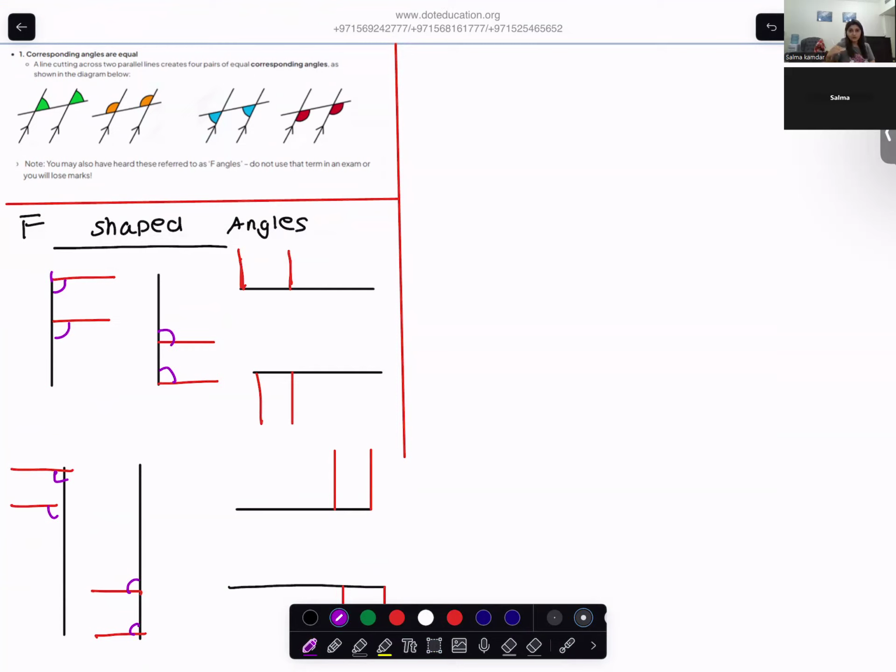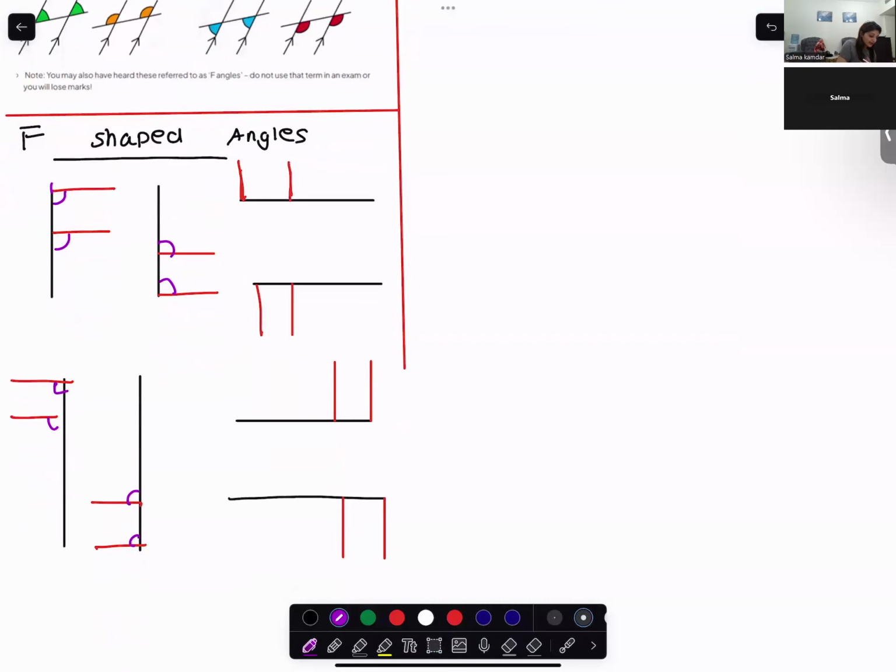Vertical line, bottom, F to the right, F to the left. Horizontal line, top side, the left side, to the top and to the bottom. Horizontal line to the right side, to the top and to the bottom. So these are the combinations of F-shaped angles that you can get.